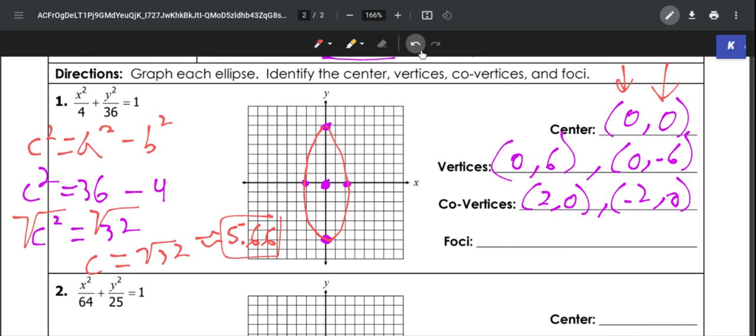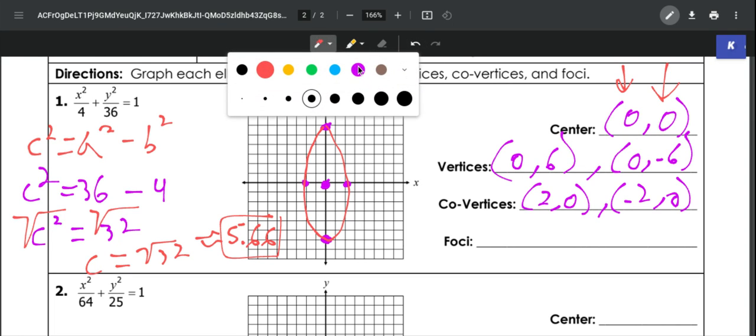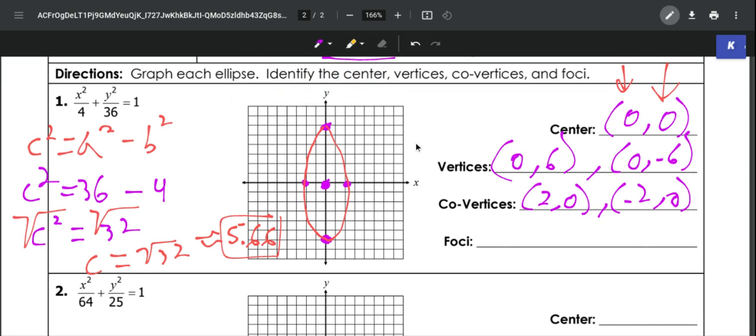And the way that we figure out which one to use is you ask yourself, where was my major axis? Because if you remember, I told you our foci has to be on our major axis. And our major axis is actually our longer axis of symmetry, which will be our vertical axis. So that means we're going to add and subtract this foci to the y values from our center.